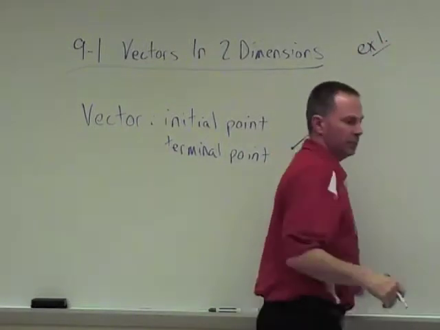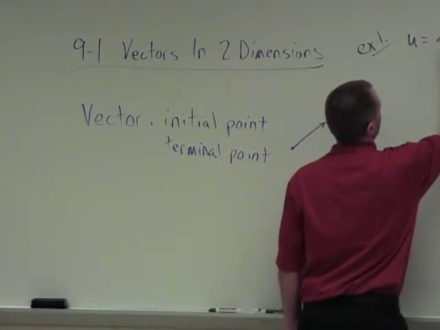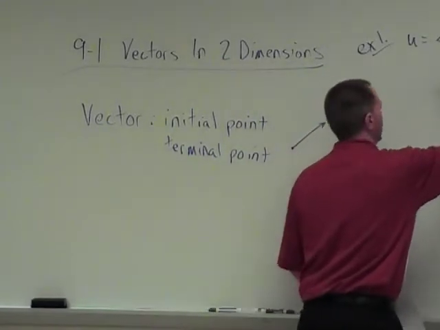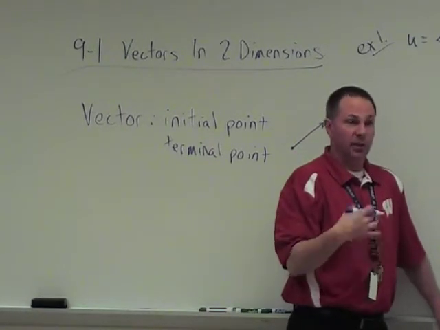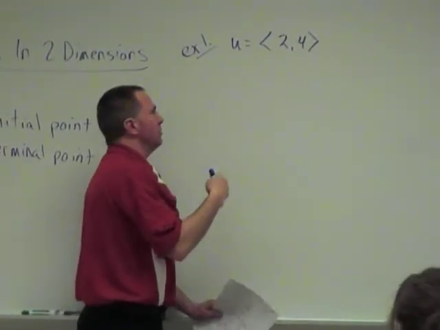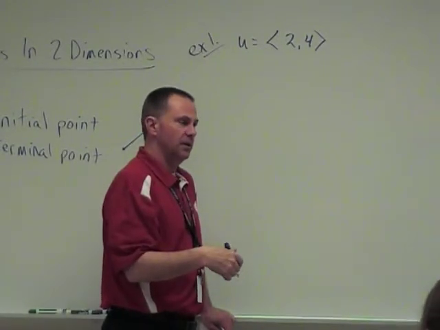Example 1. This is not number 1 in your book. I'm just making these up. If I have the vector u and we say that's <2, 4>. These are the symbols we use to say that it's a vector. It is not a coordinate. It is how you get from the initial point to the terminal point, so it is a guide.